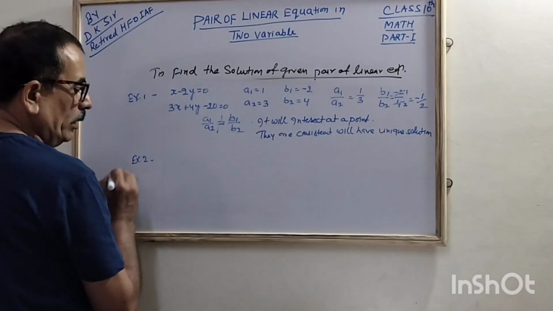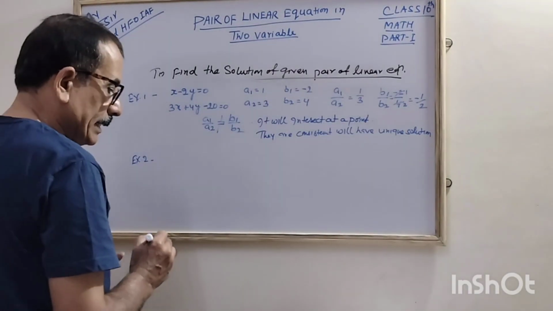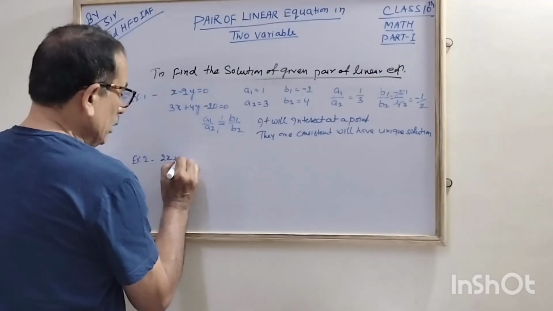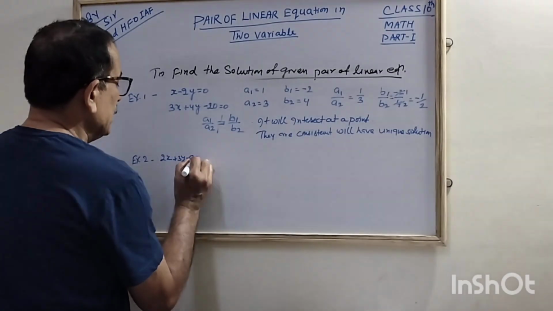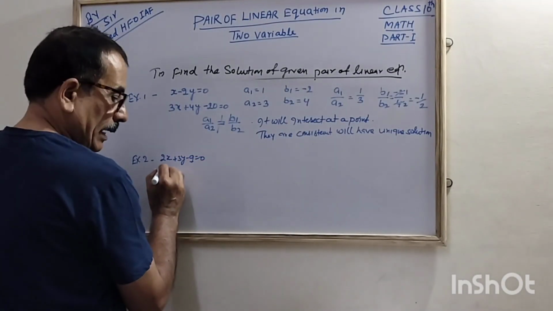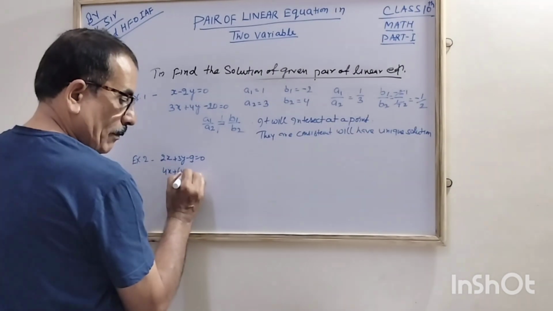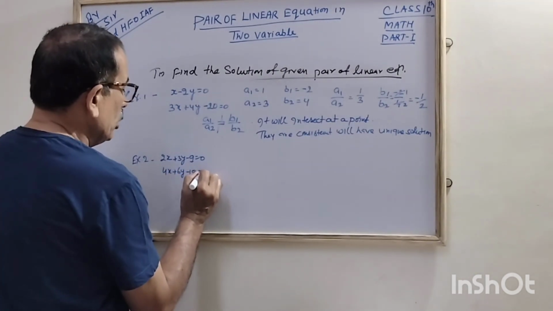Example number 2. The pair of equations I will take is 2x plus 3y minus 9 is equal to 0, and the other is 4x plus 6y minus 18 is equal to 0.